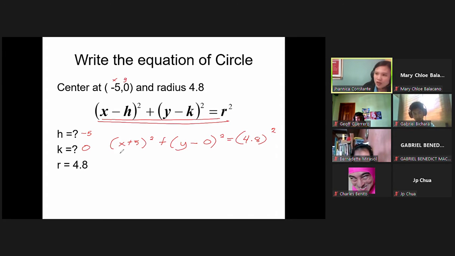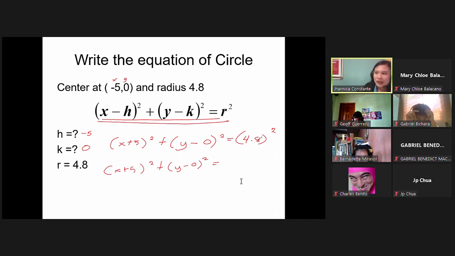No need to change anything on this side of the equation. After you substitute the values of h and k, do not change anything on the left side of the equation. It will remain as x plus 5 squared plus y minus 0 squared equals. The only thing that you're going to solve is the radius squared.